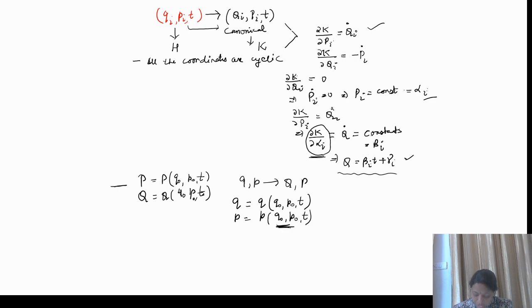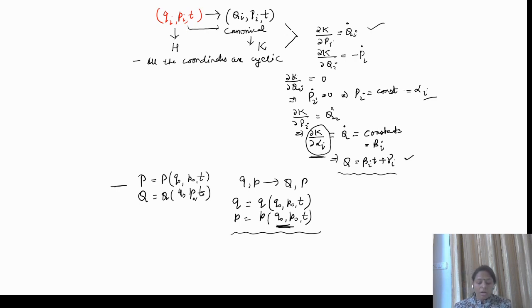So these initial coordinates are working as the new coordinates, and you are getting your solution without any effort, because if you can find the new coordinates in terms of the initial coordinates and then find the transformation equation, that will be nothing but the equation of motion in terms of the initial coordinates. So this is an effortless work.